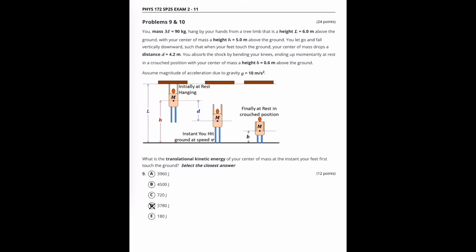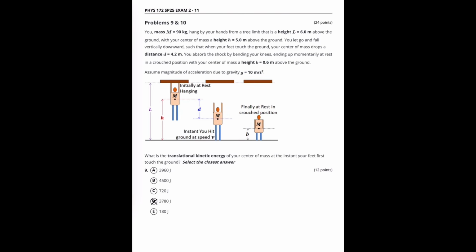Select the closest answer. So in this problem, in problem 9, we'll be dealing with states 1 and 2, just before it hits the ground at speed v. We know by definition that the translational kinetic energy is equal to our net force, F net, times our change of distance about the center of mass.